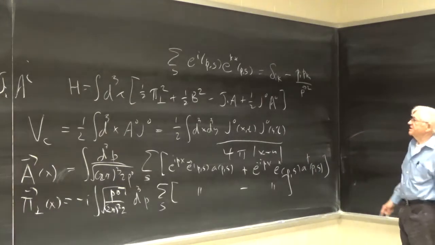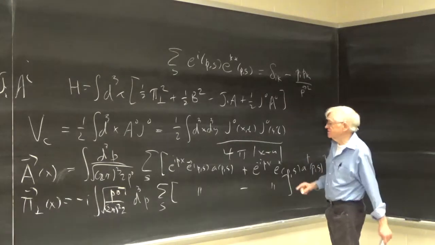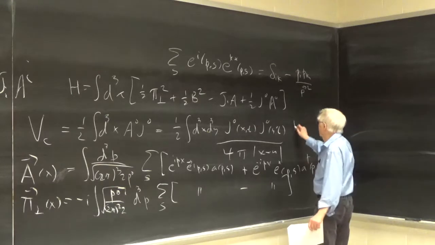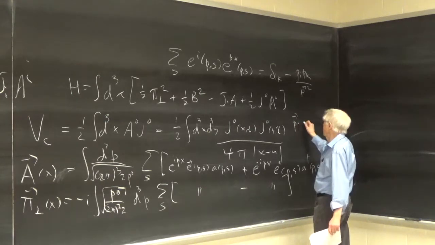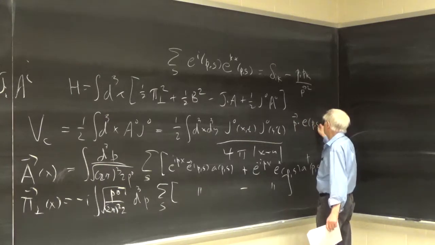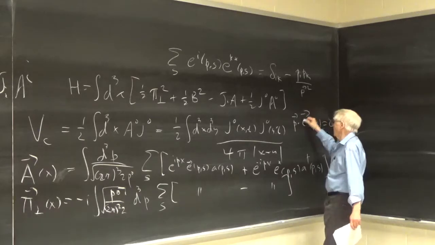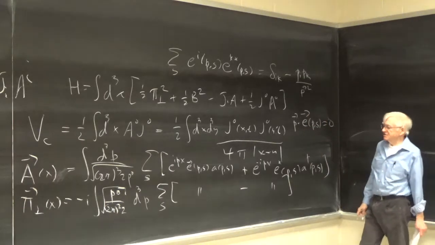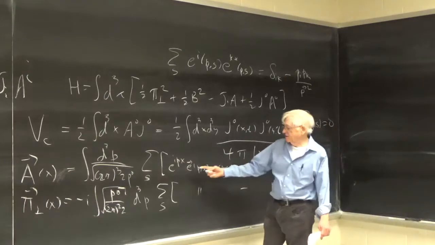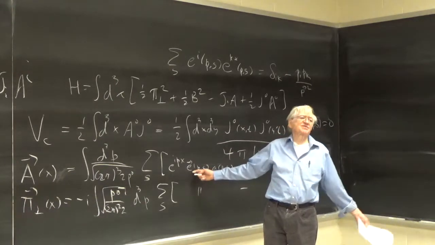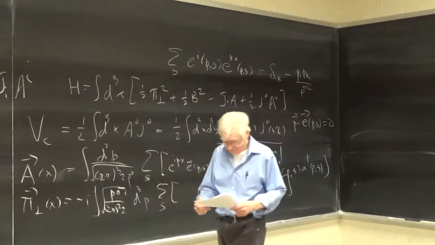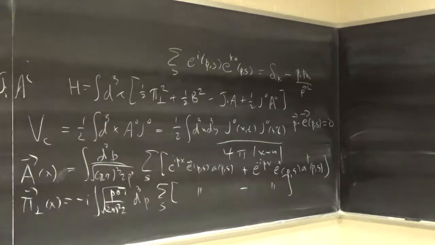By the way, these vectors satisfy p dot e(p,s) is 0. And these are 3-vectors, but you can consider them as 4-vectors with vanishing time component.